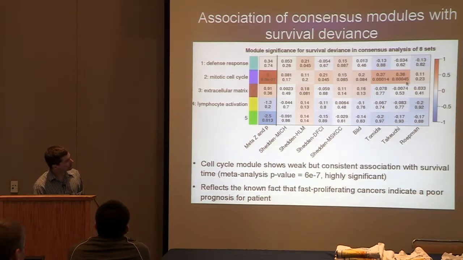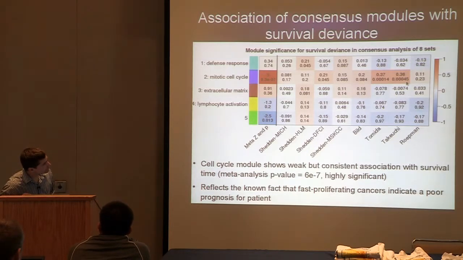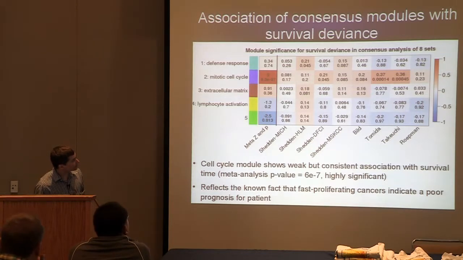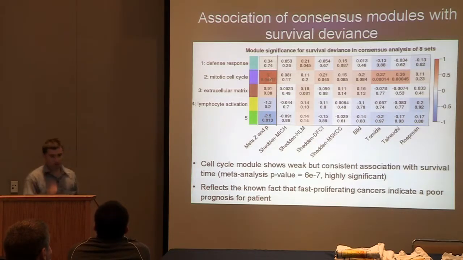But with the Z value like 0.37, 0.36, the P1 is 0.005. Oh, no, I'm sorry. These are correlations. I was wrong. These are correlations and p-values. So for the meta-analysis, we have z-score and the p-value.